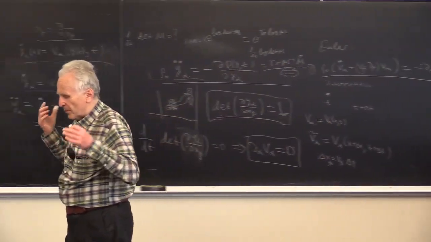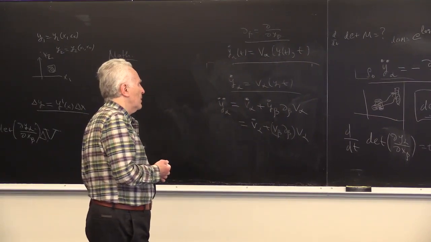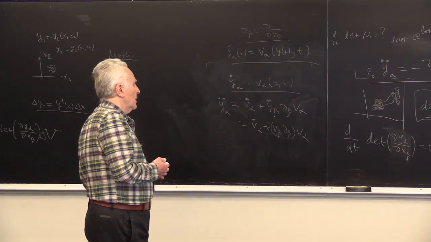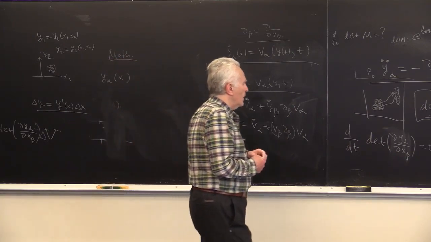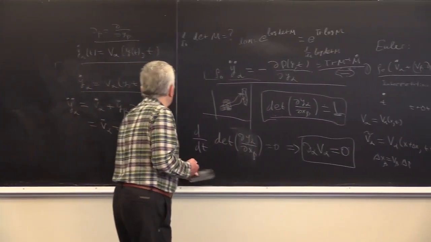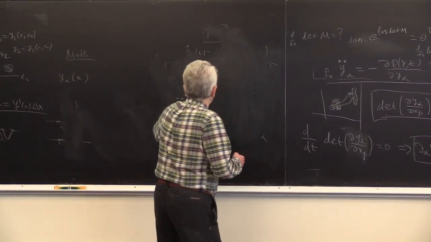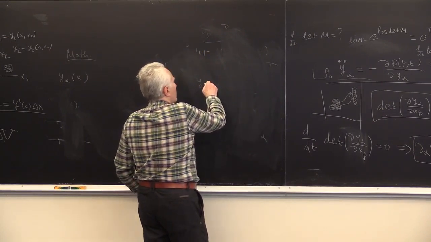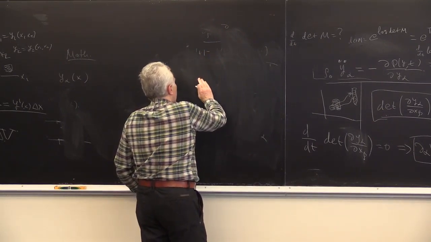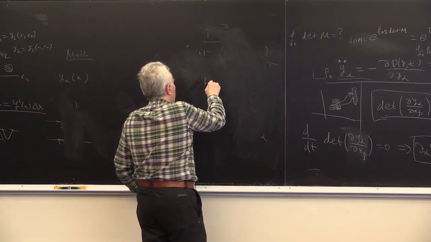Well, remember, so maybe I should put the question more clearly. Let's compare it with the Hamilton equation. In the Hamilton case, we have the symplectic form.